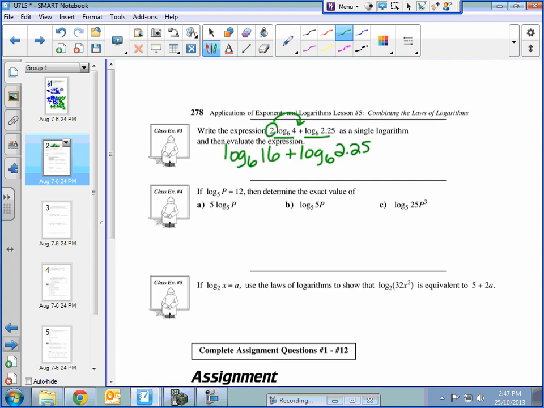Do you want me to write that other step? You're good? Okay, so now that I have 2 logarithms added to each other, same base, what do I do? I multiply, right? So this would be the same as log 16 times 2.25.